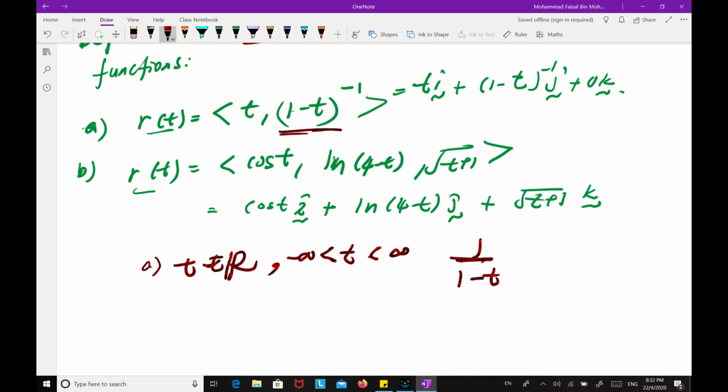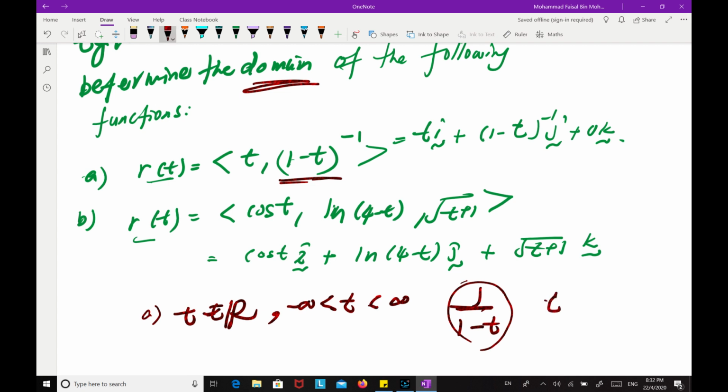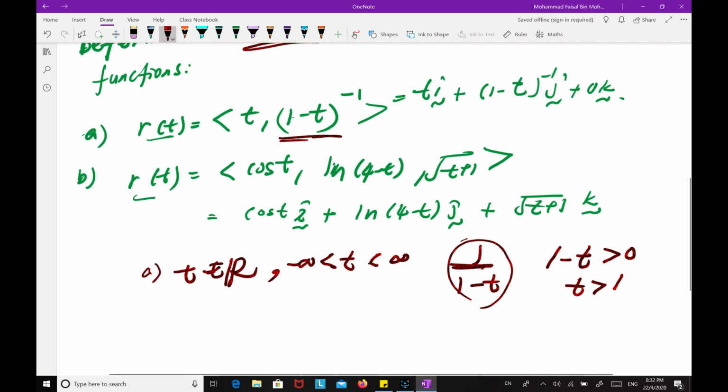So to make this function always be defined, you have to make 1 minus t not equal to 0, which means t not equals to 1. Okay, in the j component.